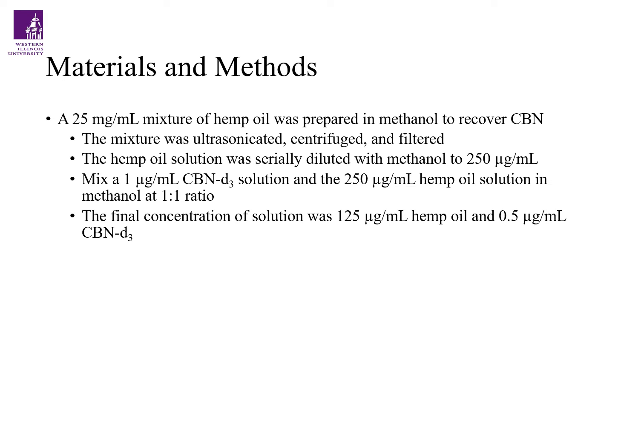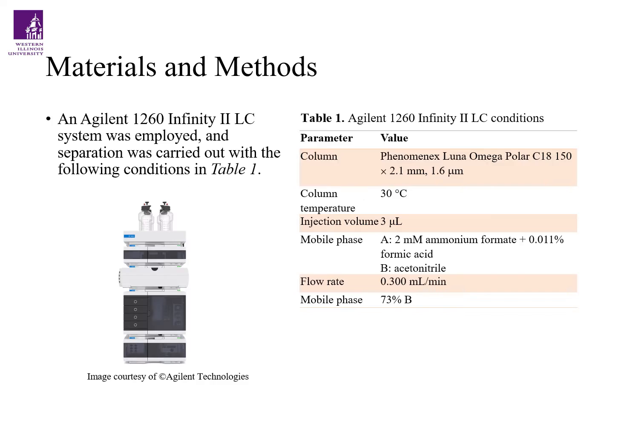The hemp oil solution was serially diluted with methanol to a concentration of 250 microgram per milliliter. As we will be using internal standard calibration, the 250 microgram per milliliter hemp oil solution was then mixed in a 1-to-1 ratio with an internal standard, in this case a deuterated version of CBN. Thus, the final concentration of solution was 125 microgram per milliliter hemp oil and 0.5 microgram per milliliter CBN-D3.